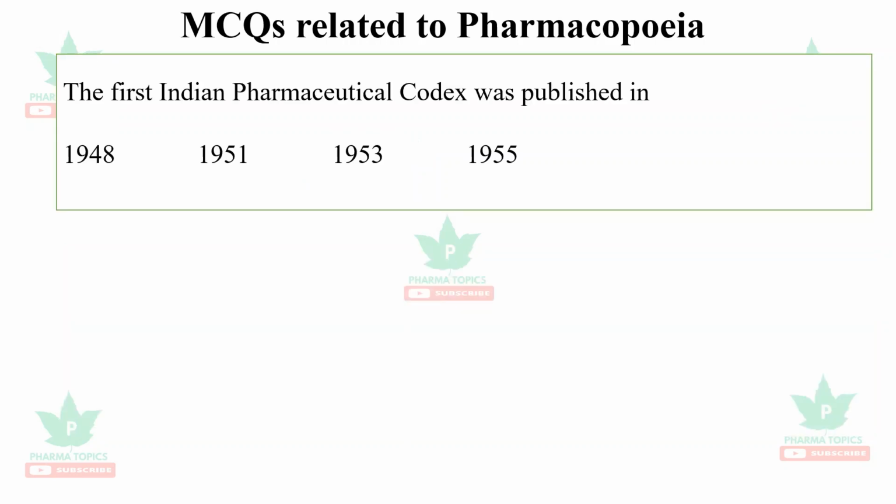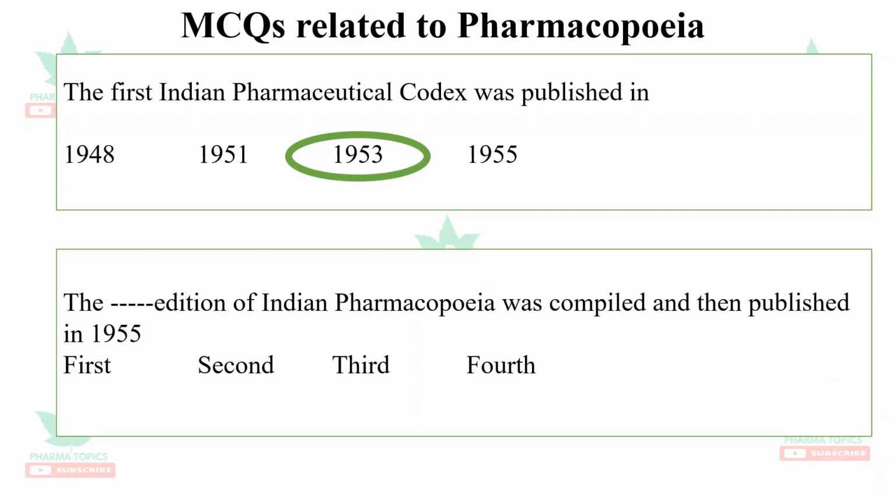The first Indian Pharmaceutical Codex was published in 1948, 51, 53 or 55. It is 1953. The dash edition of Indian Pharmacopoeia was compiled and published in the year 1955. I hope you would have guessed it is the first edition.